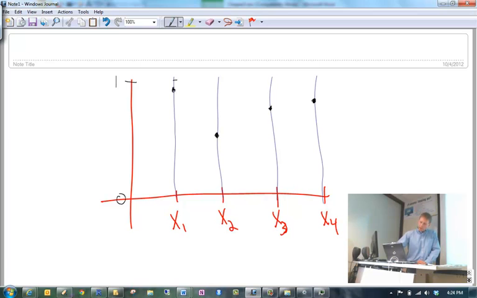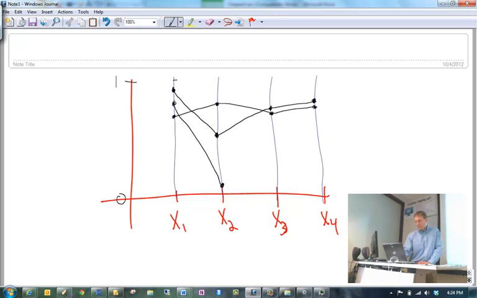And then what a parallel coordinates plot does is connect them. Now take observation number 2. Maybe it looks like this. Looks like that. Observation number 3. Very low x2 value.